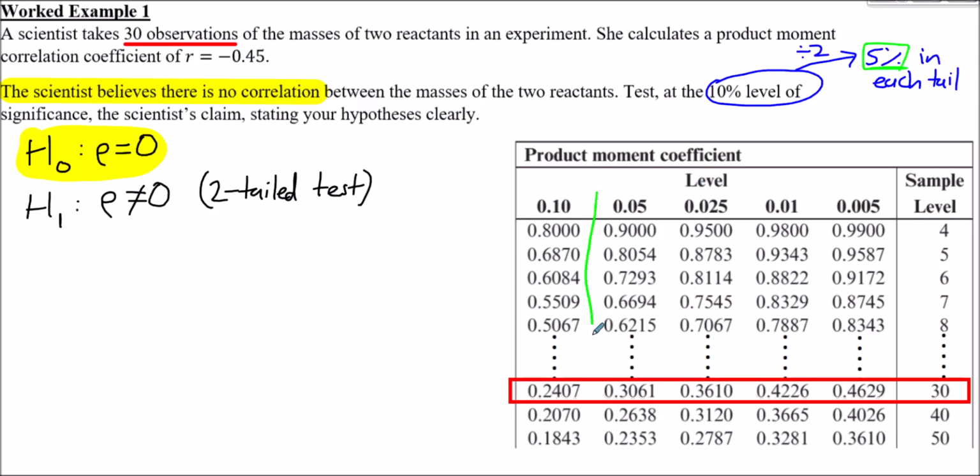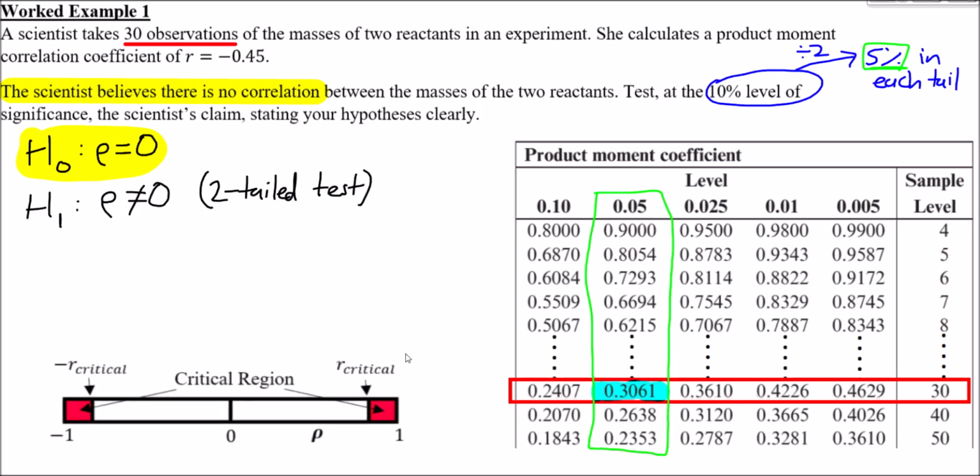So we're going to look down here, and therefore what we're interested in, our critical value for r is 0.3061. So at this stage now, it might well be worth getting that diagram up, similar to what we had in that table, just to think about what's going on.